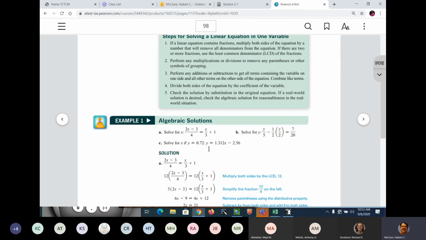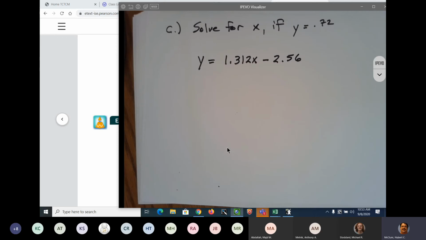Solve for x if y is equal to 0.72. And the equation is y is equal to 1.312x minus 2.56. This is an out of place question. It should be asking you to solve by clearing the fraction, but clearing the decimal.